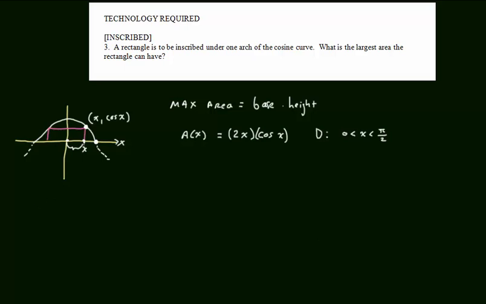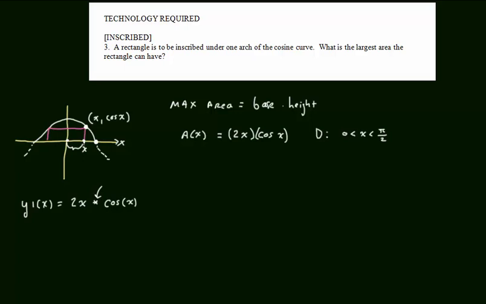So now let's use some technology. Let's go to our y menu and define y1 to be this function. So I'm going to write 2x. Now if you recall from earlier, if I don't put the multiplication symbol in, it might not recognize 2x and cosine of x as different functions. So I'm going to insert the multiplication symbol.